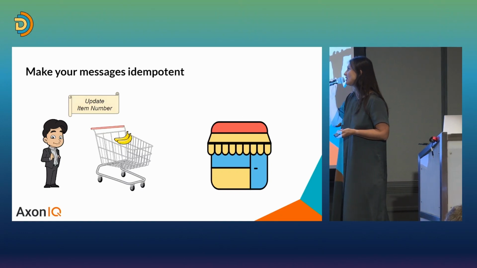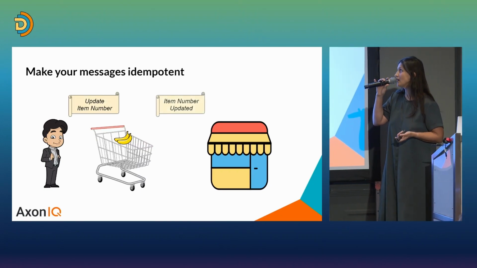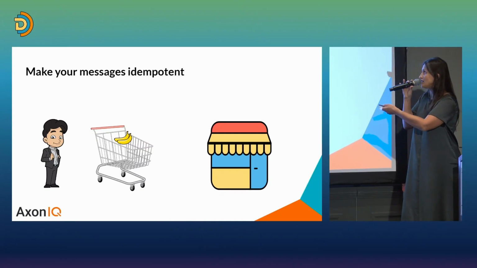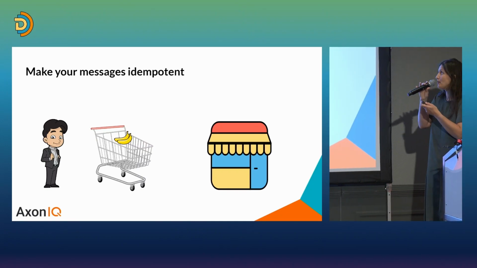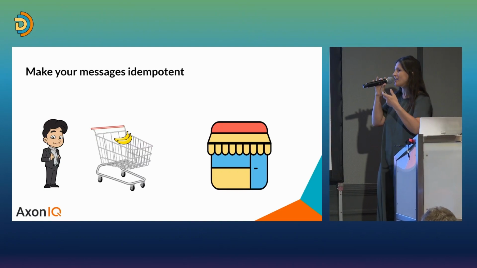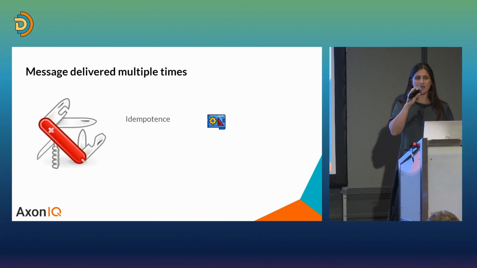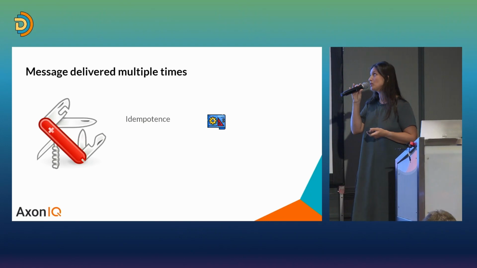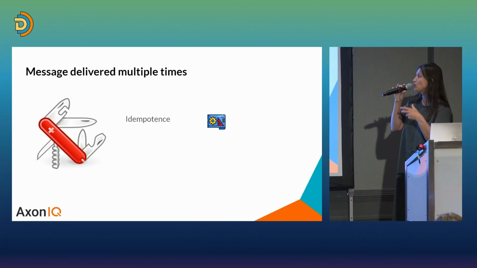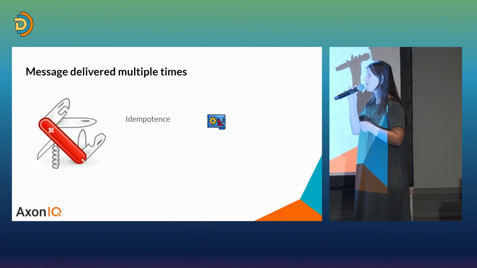But if by mistake it is executed a second time, the consequences are not important, because the number of bananas goes from 2 to 2 again. So this is an example of an idempotent message, where the message is executed in an idempotent way. This is an extremely powerful tool in distributed environments. This is a design solution, and designing your messages to make their execution idempotent is the key to making your application really resilient.